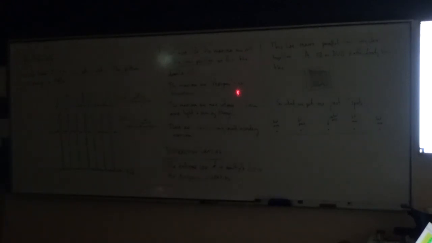Okay, so the laser light is shining through the diffraction grating. All I can see is the central maximum there. Move it a little bit sideways. Not sure if you can see over on the left hand side there.